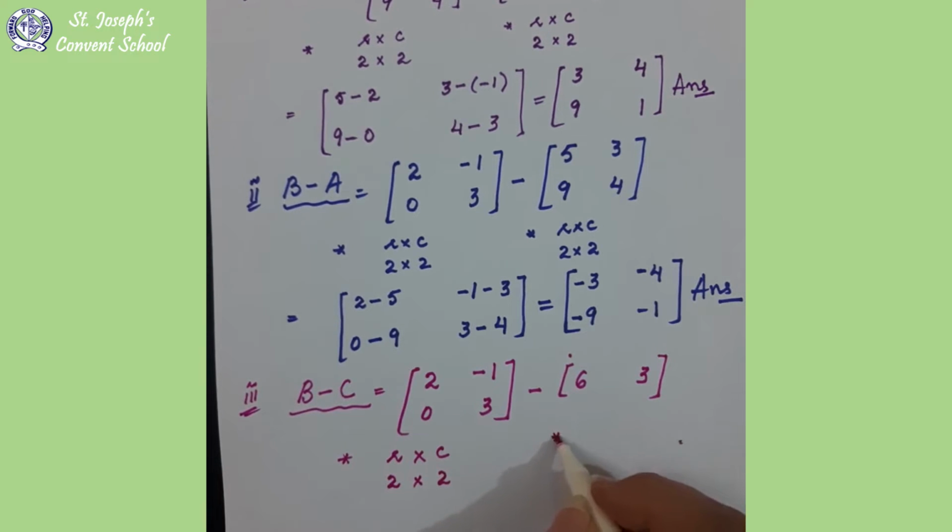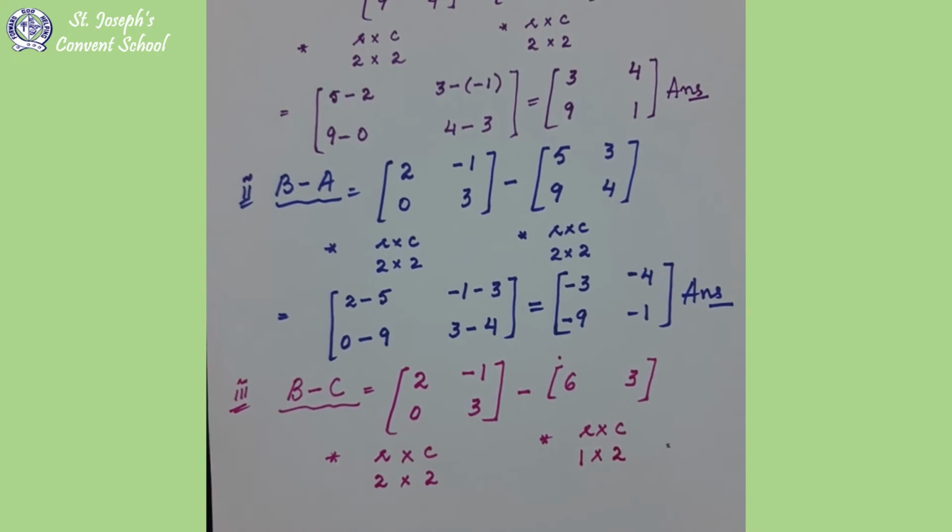And the order of this one, row into column, there is one row and two columns. Again you can see in this case the order is different. Here it is 2 by 2 and the order of the second matrix is 1 by 2. So the order is different, you cannot subtract them, so you will simply write not possible. Okay, not possible.